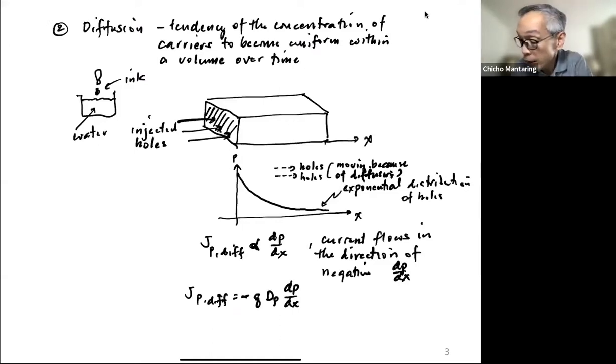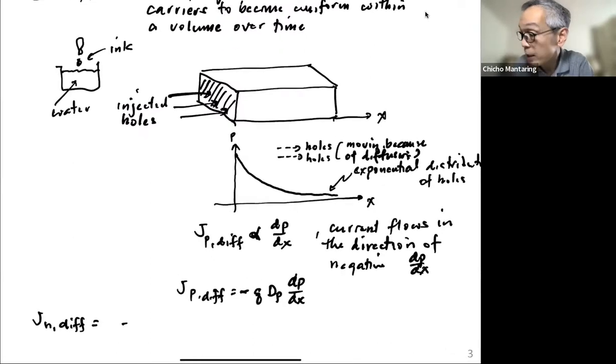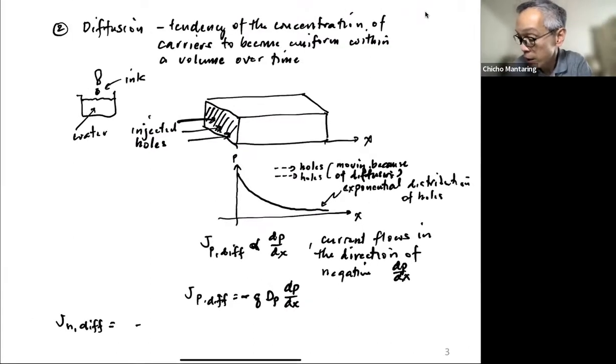But if you get the corresponding equation for electrons, nawawala yung negative sign. This is going to be, sorry, q dn/dx.